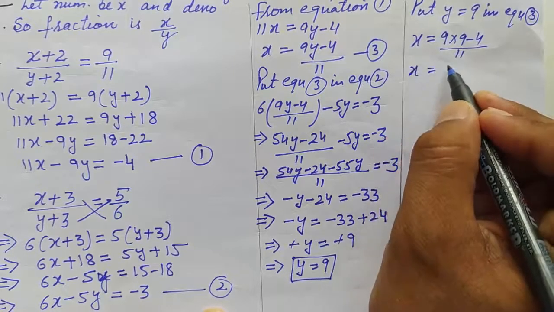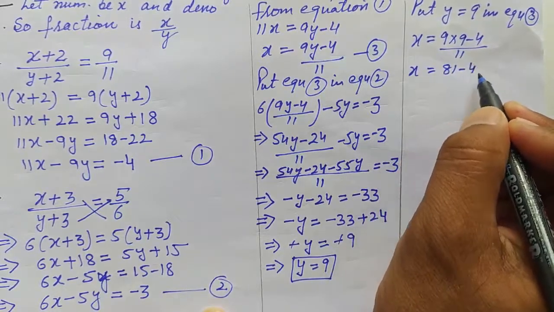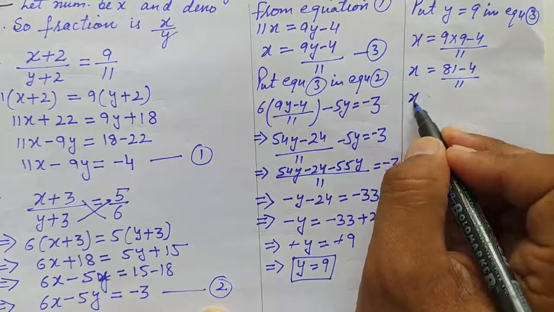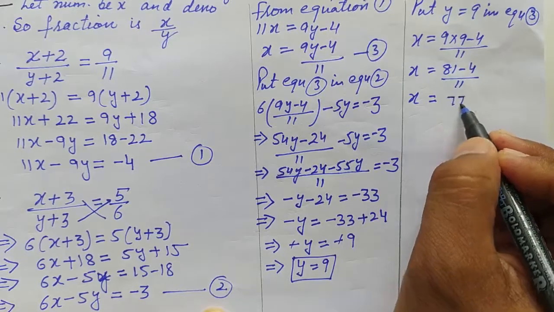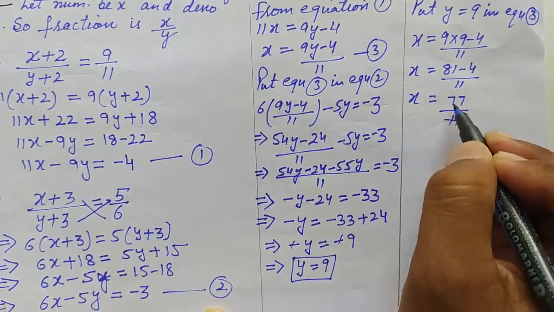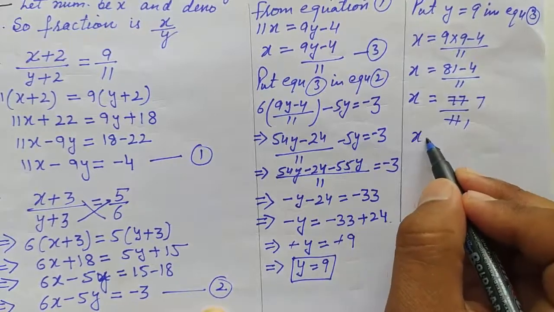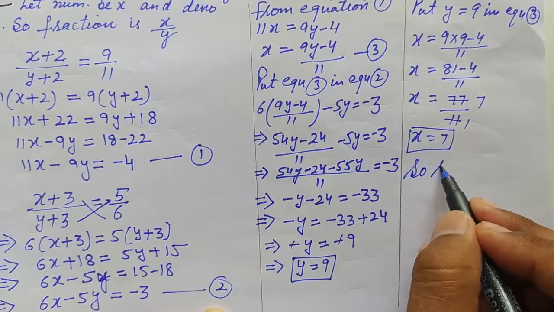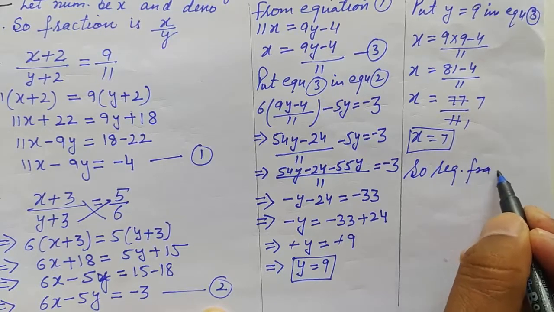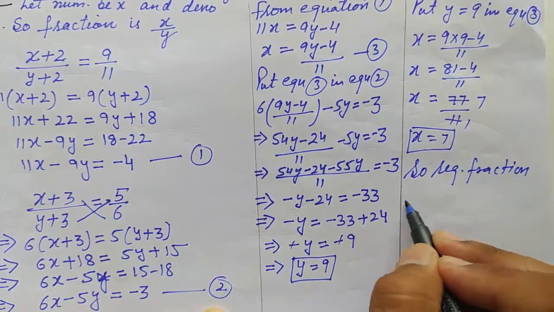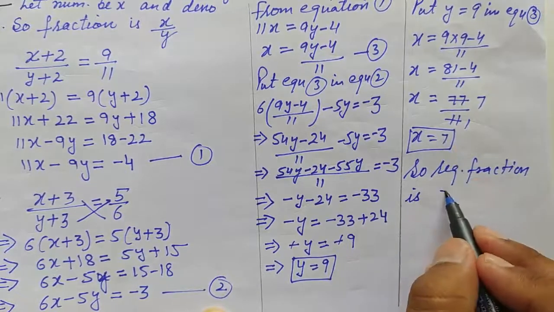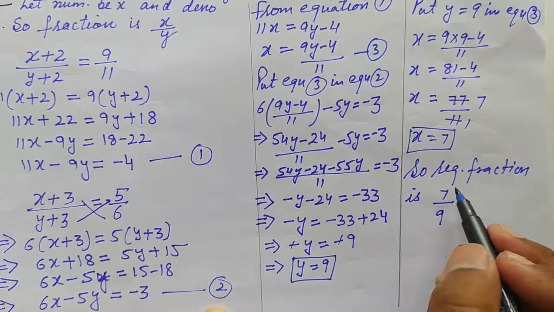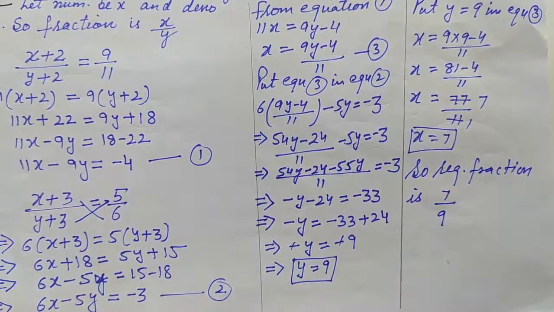So it is 9 9s are 81 minus 4 over 11. So 81 minus 4 is 77 over 11. So 11 7s are 77. So it means x is 7. So the required fraction is x over y, that is 7 over 9. So this is our required fraction. So this way we will do this question.